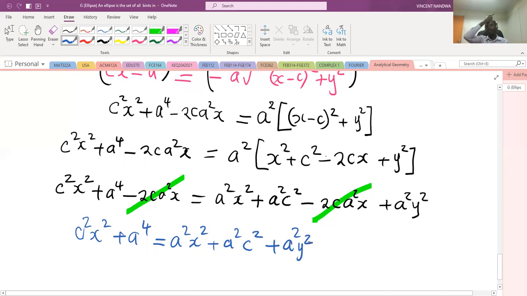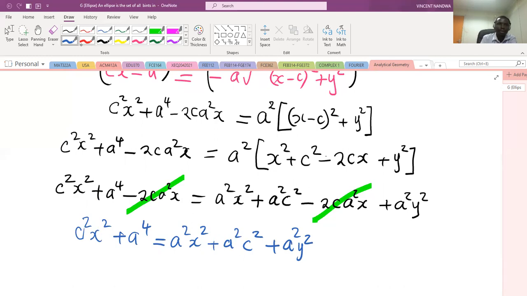Now what you do next, you take all the terms involving x and y on one side, and those involving just the constants a and c on the other side. So this is what I can do.